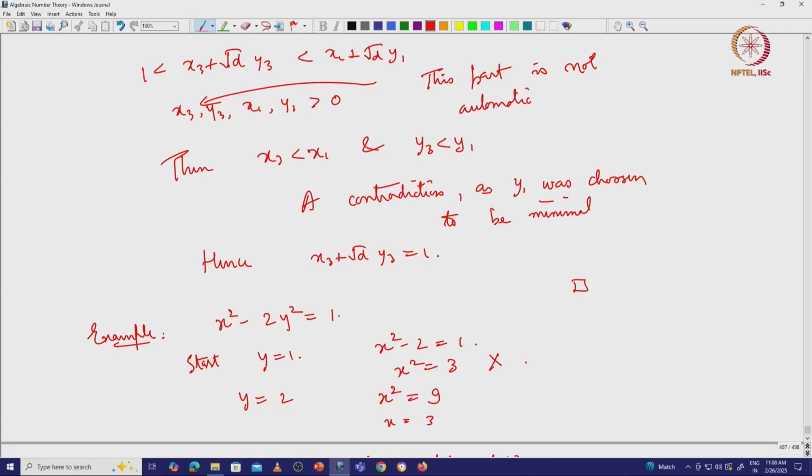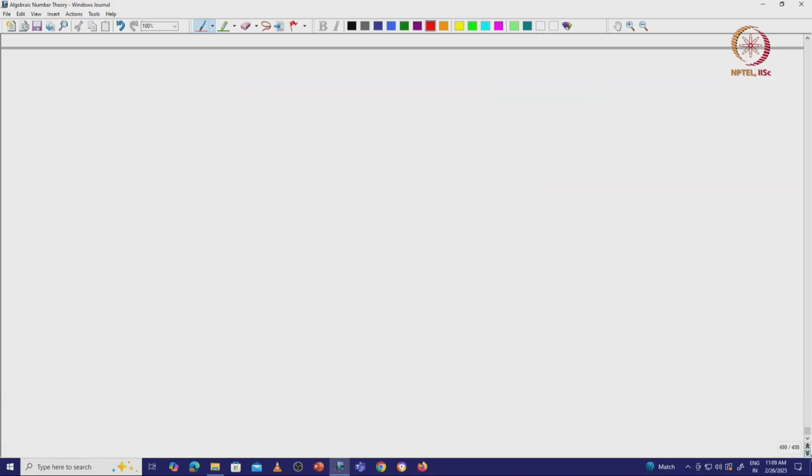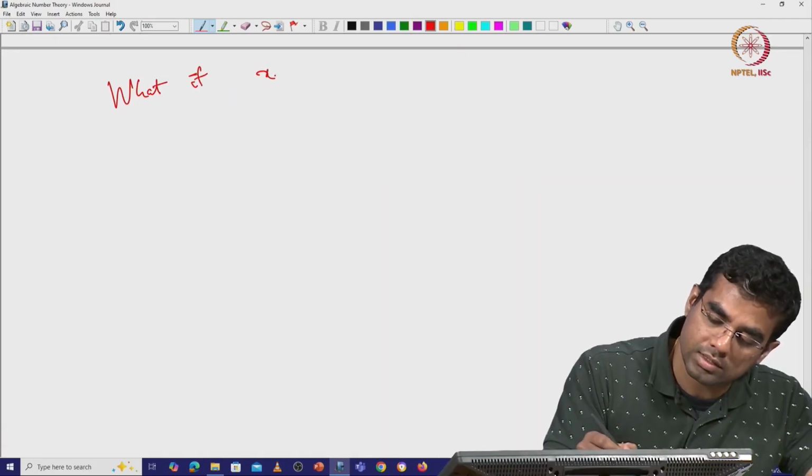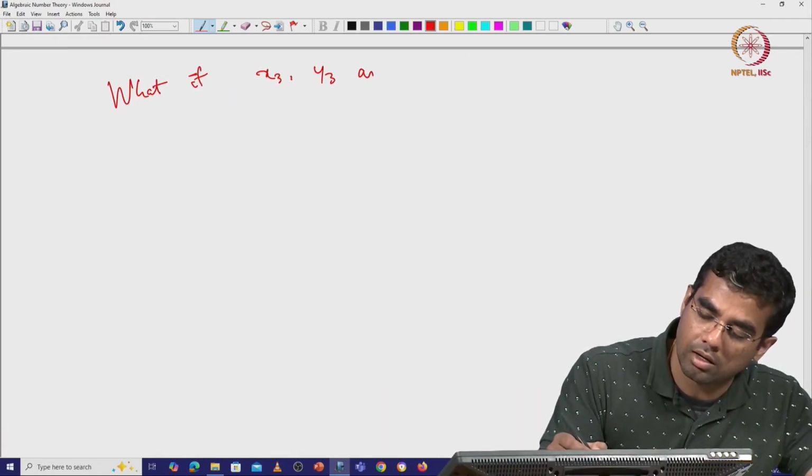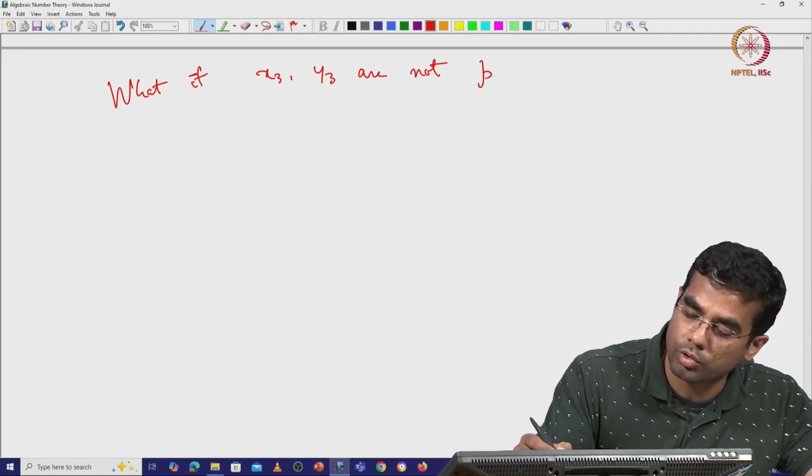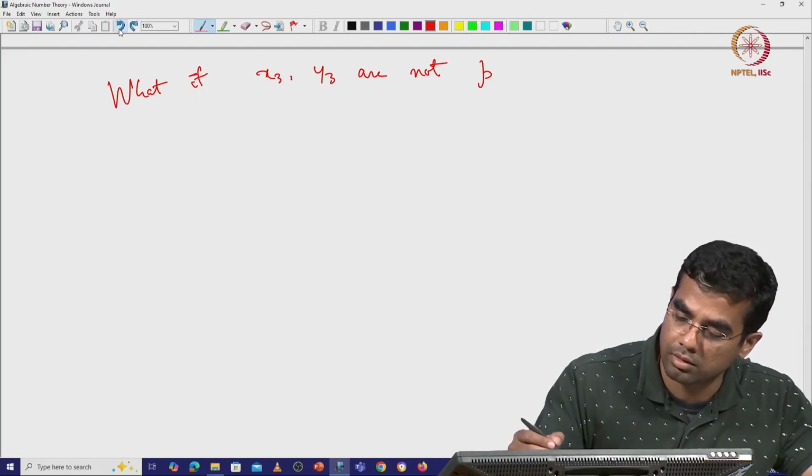So, let us prove this first. The proof is complete, the proof is okay if x3 and y3 are both positive. So, what happens if x3 and y3 are not both positive?